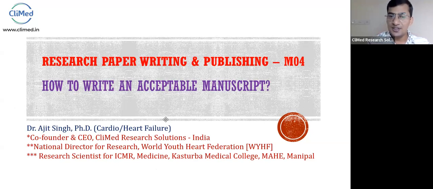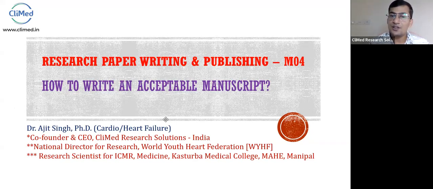An acceptable manuscript is nothing but a manuscript that is so good that the journals and the reviewers have no problem, or maybe only minor problems, and they accept. So your manuscript is meeting all the requirements of the journal. But you can meet the requirements of the journal by writing anything, because journals don't ask for anything special.